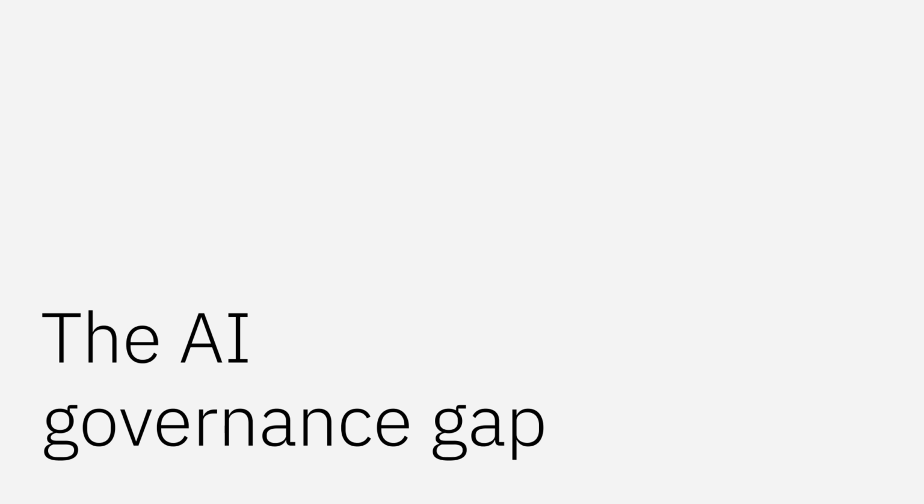So maybe that then is a good segue into the AI governance question, because we have this AI governance gap right now, right? And this is coming out of both research that IBM has conducted and an article from IBM's Judith Aquino, kind of breaking some of that research down for us. Now, organizations are deploying AI tools faster than they can develop robust risk and governance frameworks for those tools.